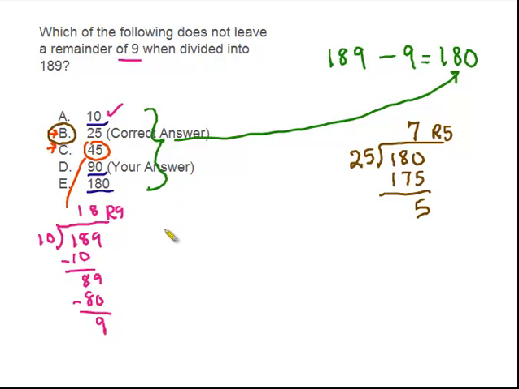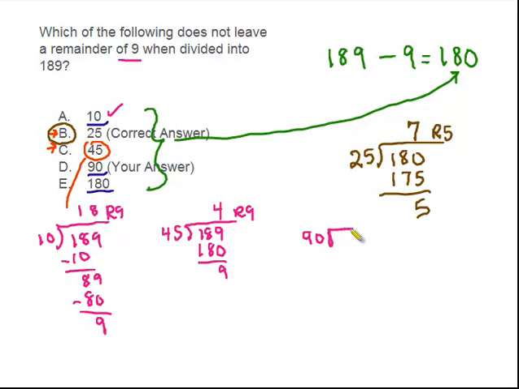And let's do C. 45 into 189. So 45 goes into 180, let's say 4 times, which again leaves us with a remainder of 9.